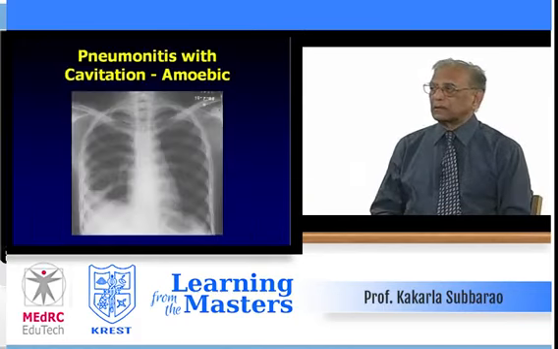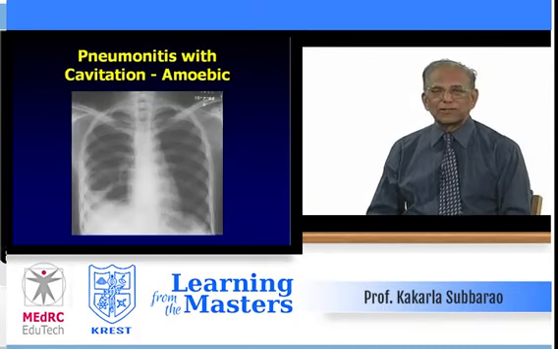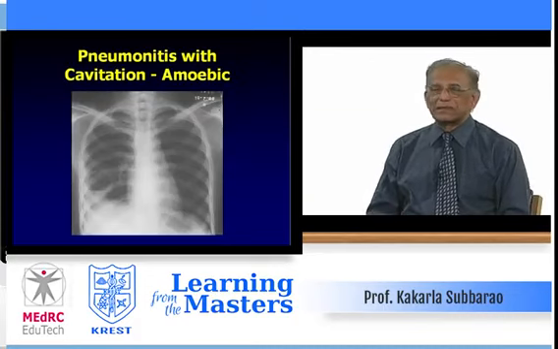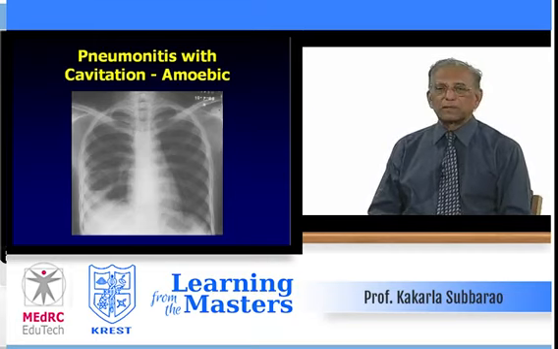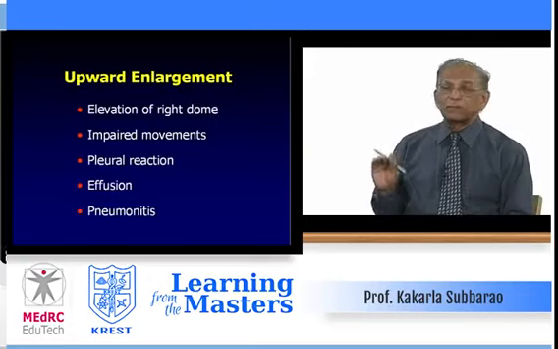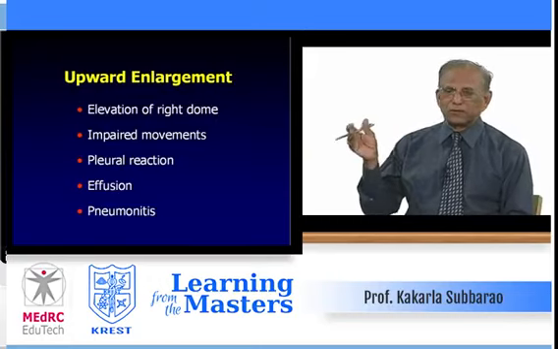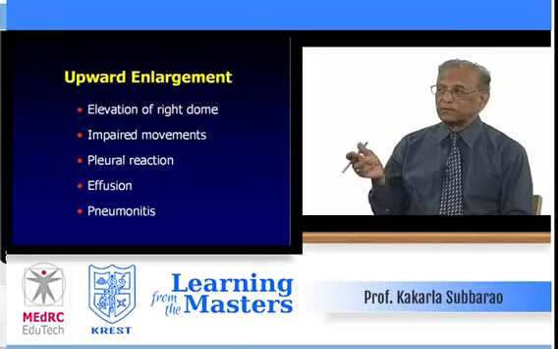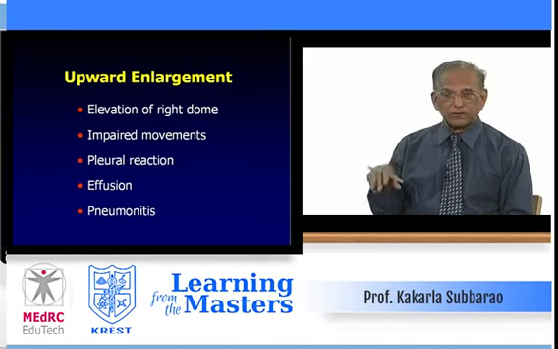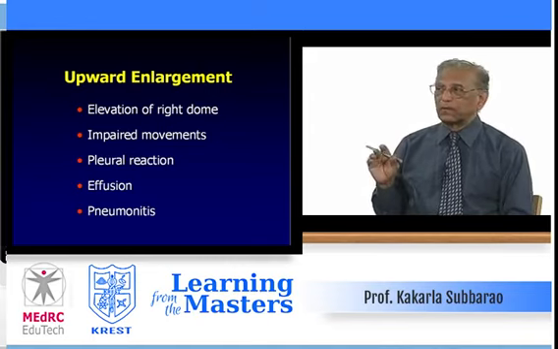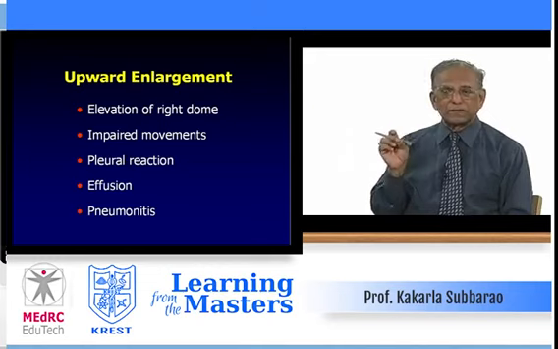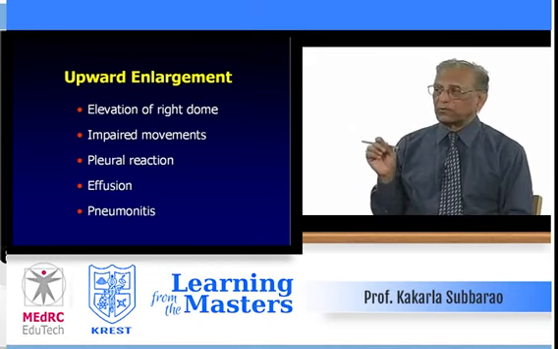Now, several decades ago actually, we have found, and I have presented a paper on hepatopulmonary amoebiasis. And then upward enlargement of the liver. How do you diagnose? Elevation of the right dome. Impaired movements, we used to do a lot of fluoroscopy. Reaction, not necessarily effusion, and pleural effusion.